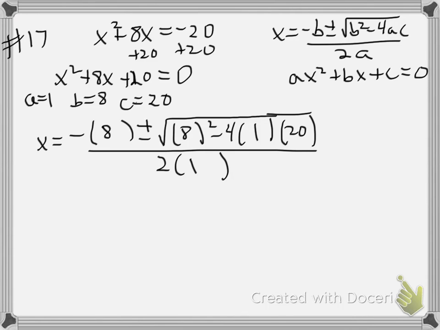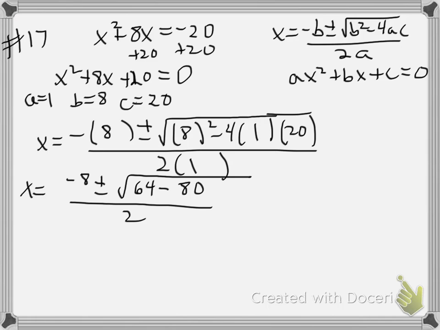If you do some work on this, you get x equals negative 8 plus or minus square root of 64 minus 80 all over 2. Well, that's negative 8 plus or minus the square root of negative 16 all over 2.